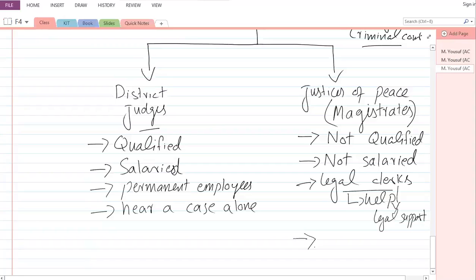As they are not fully qualified, they cannot hear a case alone, and they will always sit in a bench of 2 or 3 judges. So these justices of peace hear the case in a bench of 2 to 3 judges at a time.